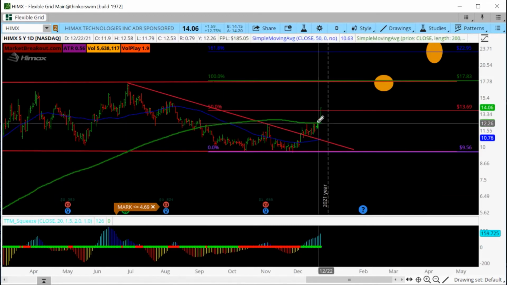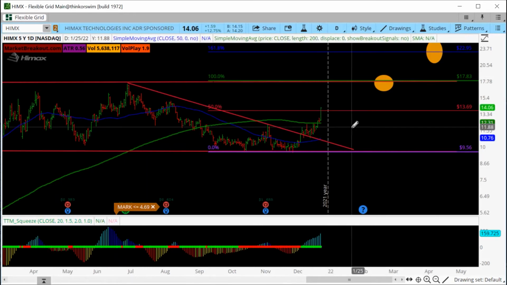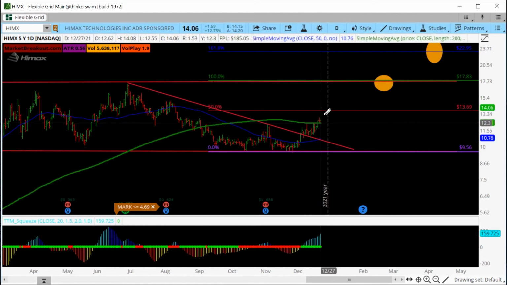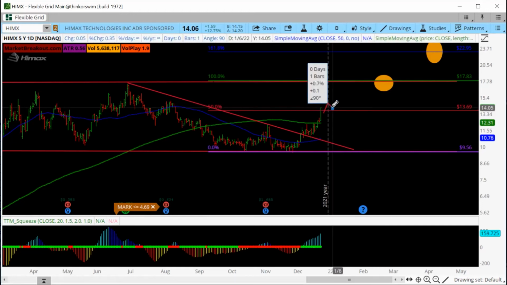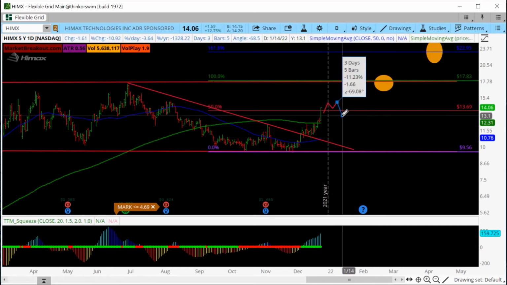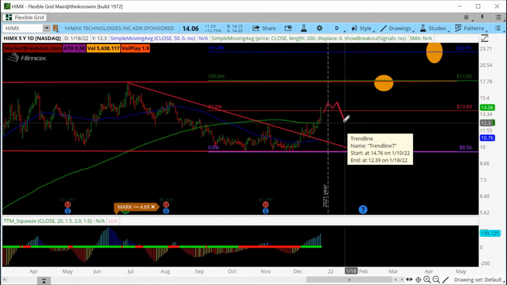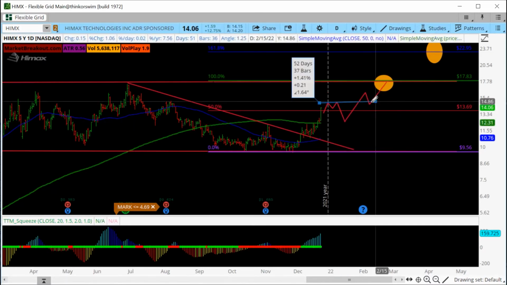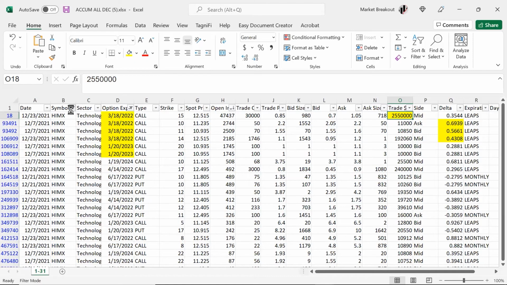Okay, it can be maybe a little up like this, and then we need to see a pullback to SMA 200, because 9 times out of 10 the stock shows this pullback, and then after the pullback, the stock can go this way. Yeah, a better entry point is after the pullback.